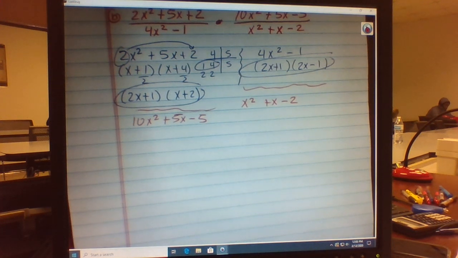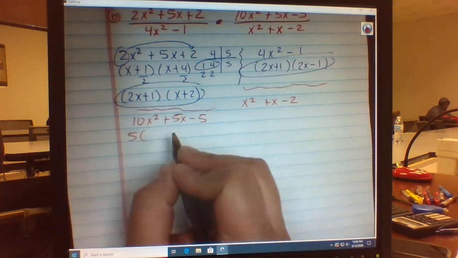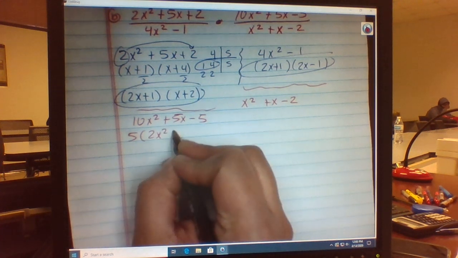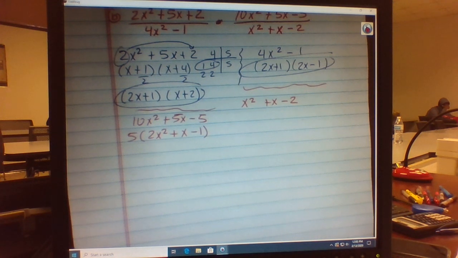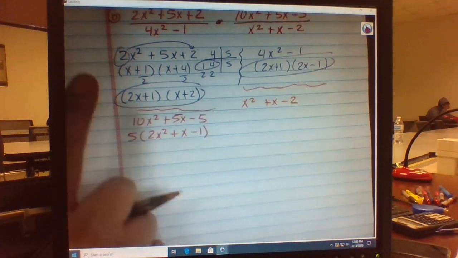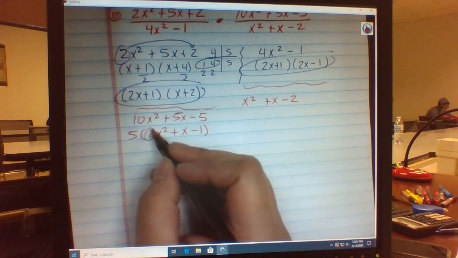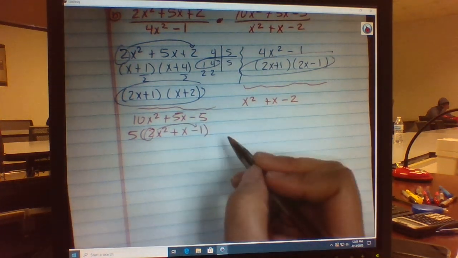Makes everything smaller, making it more manageable. 2x squared plus x minus 1. And then you have to do what we did here, of taking the first number times the last one.